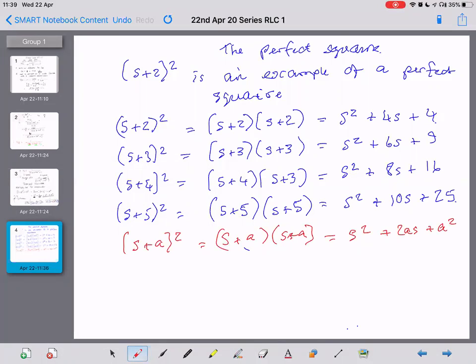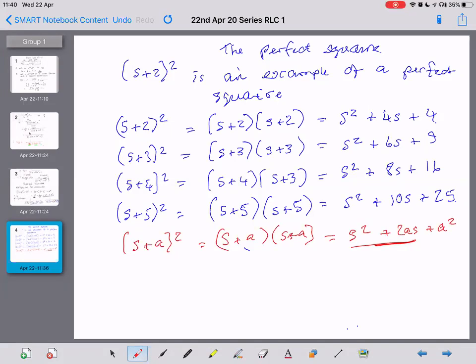Can you see that if a is this number here, and we compare the (s plus 5) one with the general one, s is what it is, but this number is 2 times a.